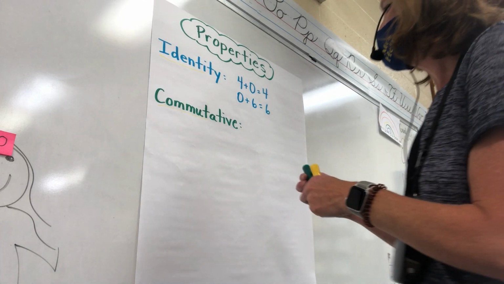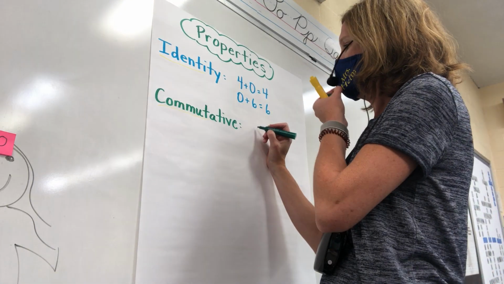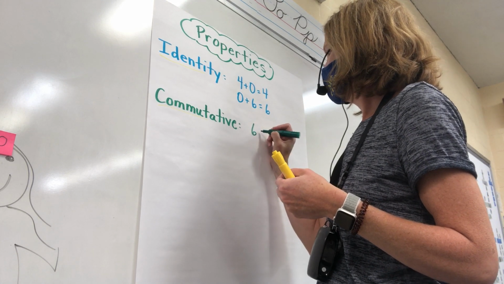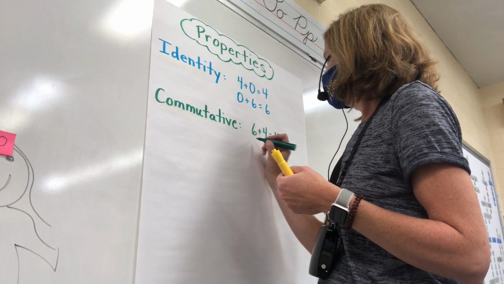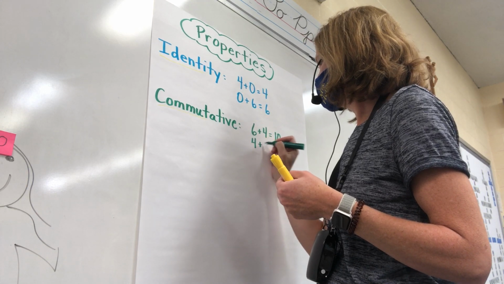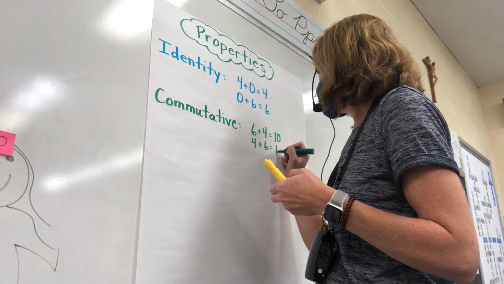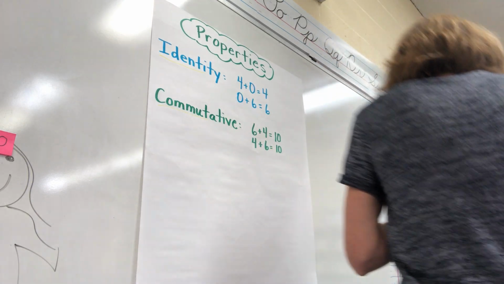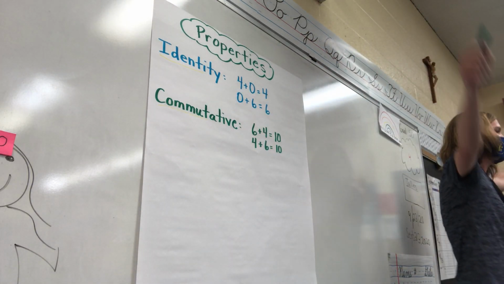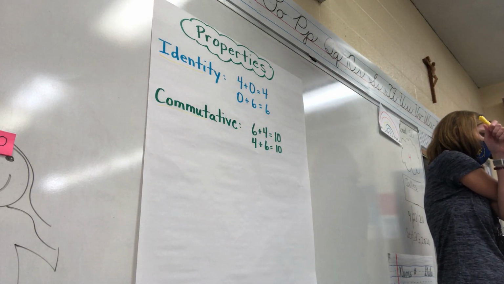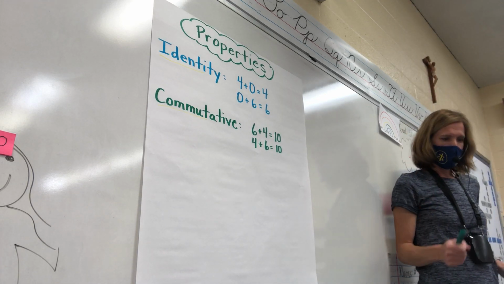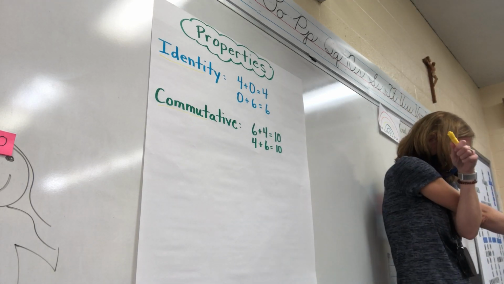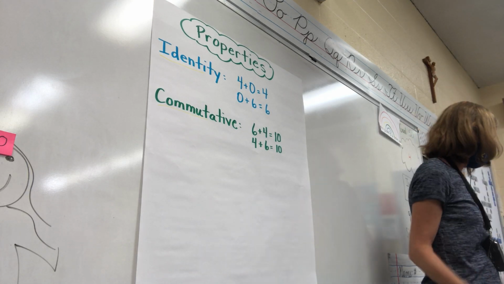Justin did 6 plus 4 is equal to 10. And then he did 4 plus 6 is equal to 10. I could switch my add-ins, and the sum will be the same.